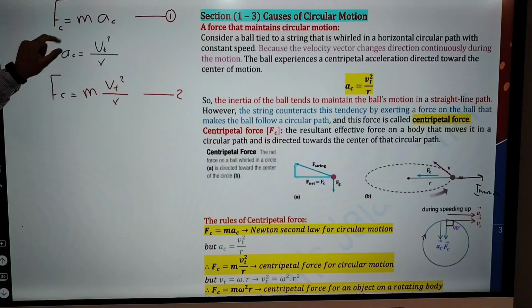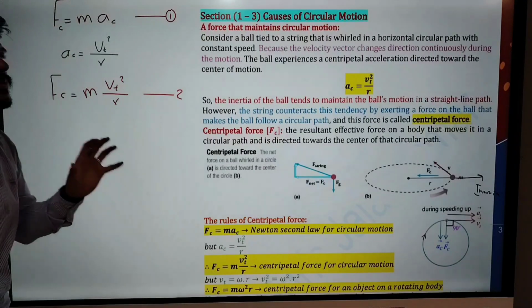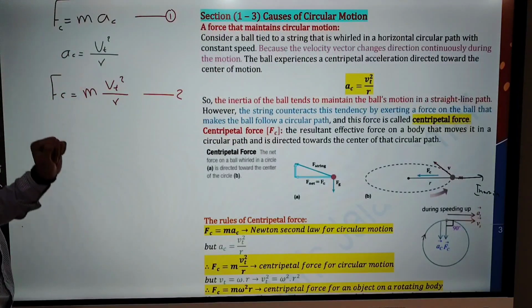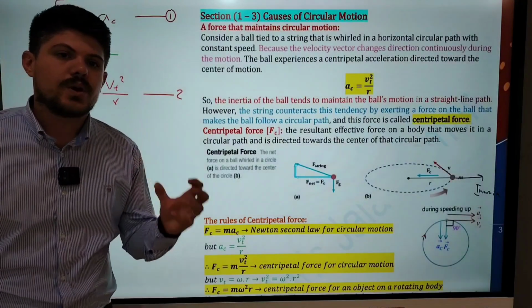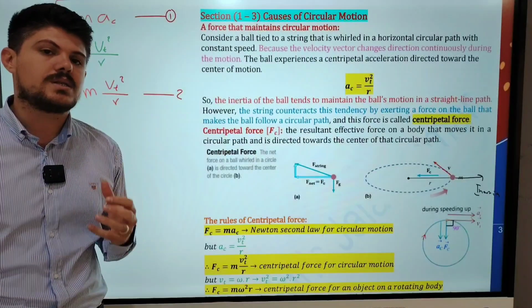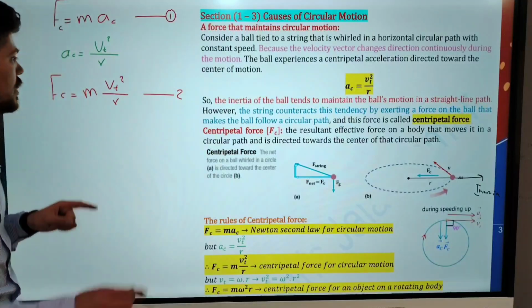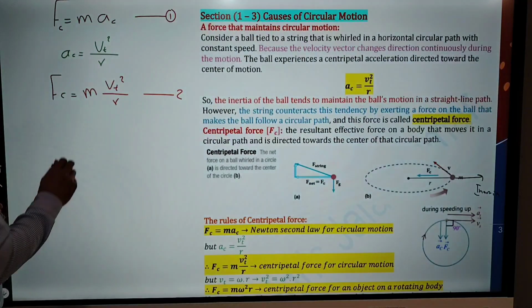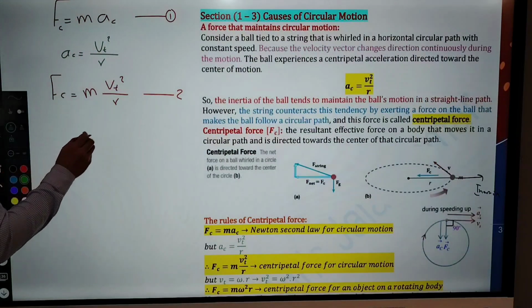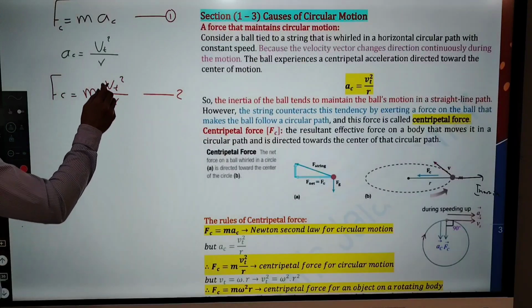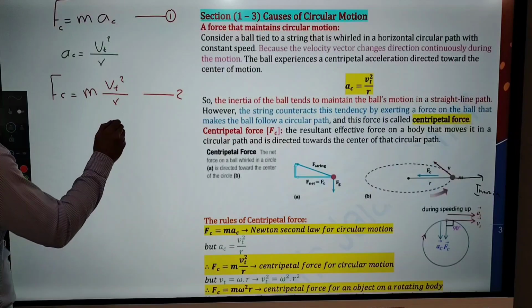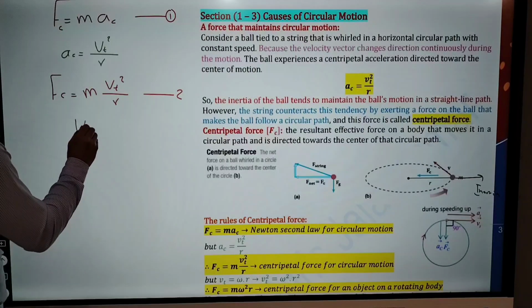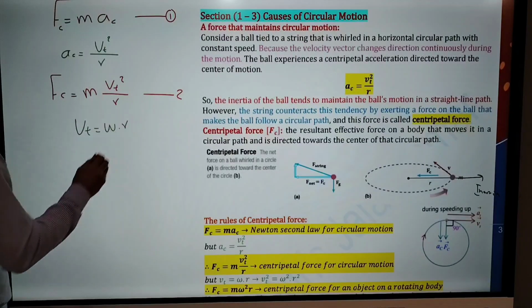In the case when mass and centripetal acceleration are given, you can find the centripetal force by using equation 1. But in the case when the tangential speed or the radius of the circular path, or the distance from the axis of rotation, is given, you have to use equation 2. And also in section 2, when we studied the relation between linear and angular speed, Vt is equal to omega r.